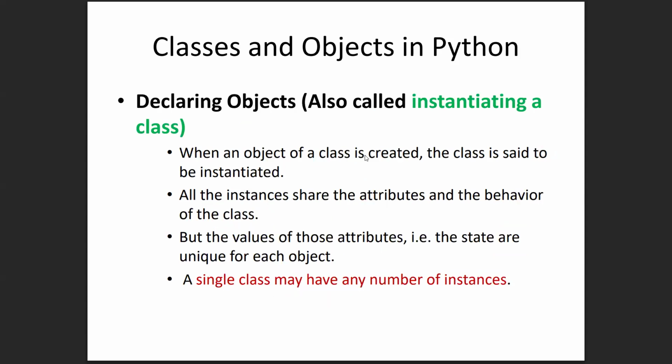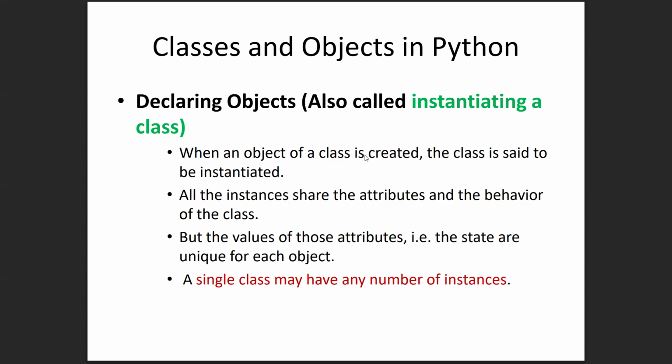So here we will see how to declare an object, also called instantiating a class. When an object of a class is created, the class is said to be instantiated.